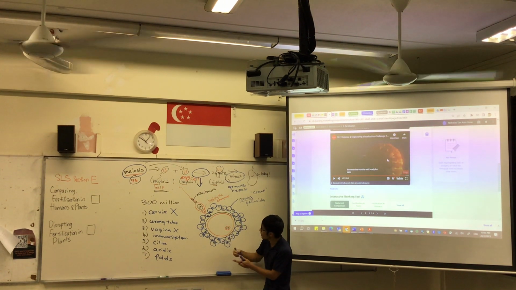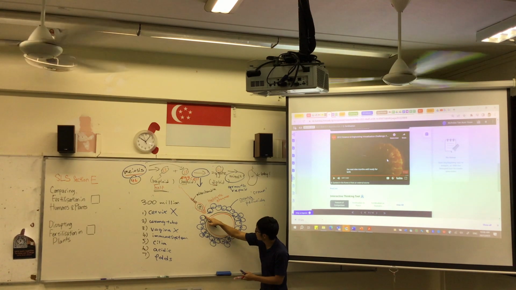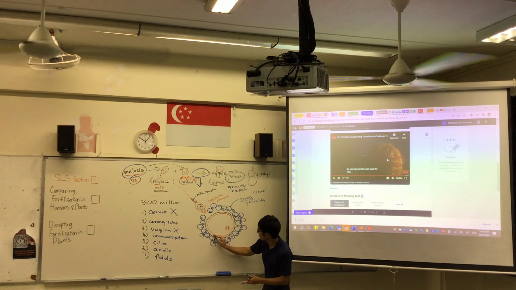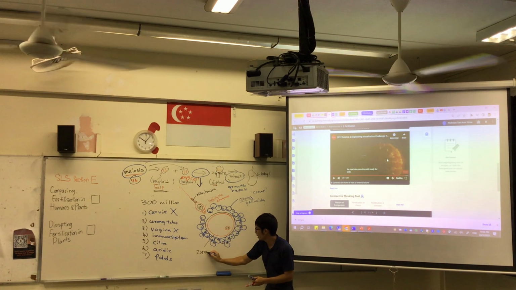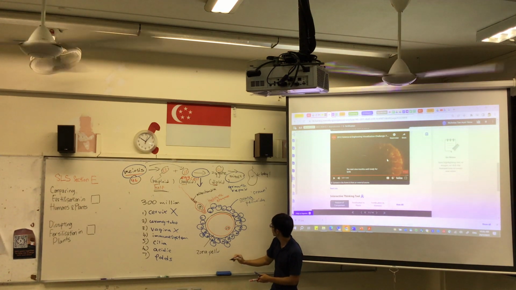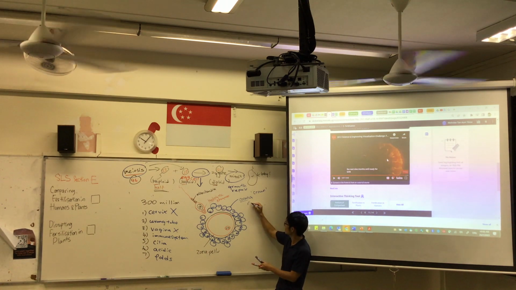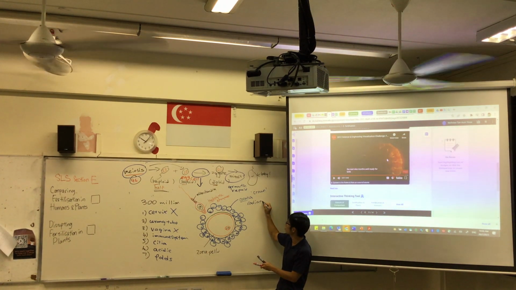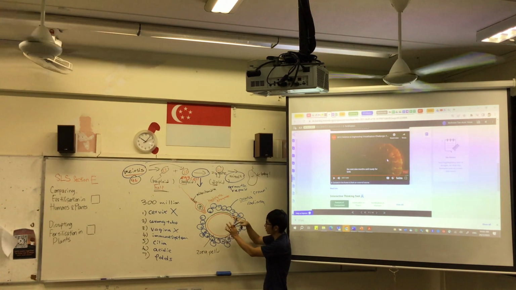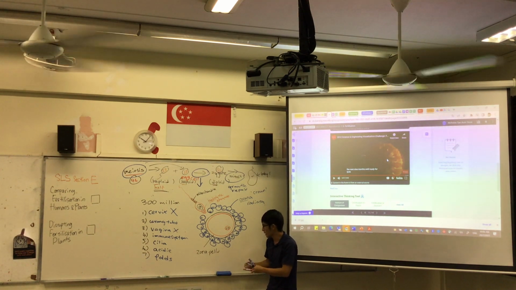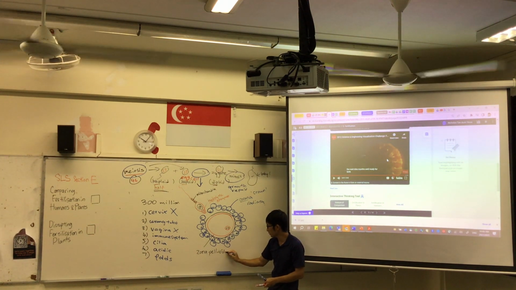Once the sperm reaches the next layer, this layer is the zona pellucida. Yes, spell it correctly. The word radiata means to radiate out, so you see it's like a crown radiating out. Then there's the zona pellucida.